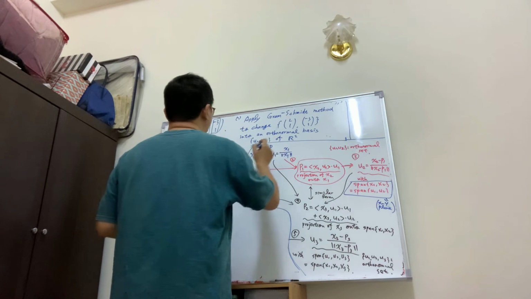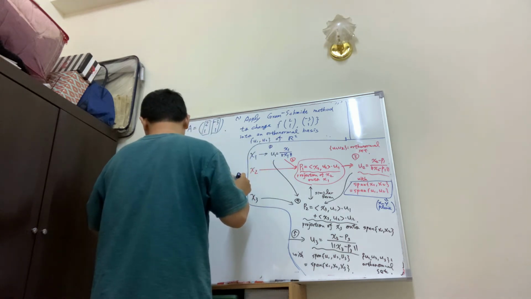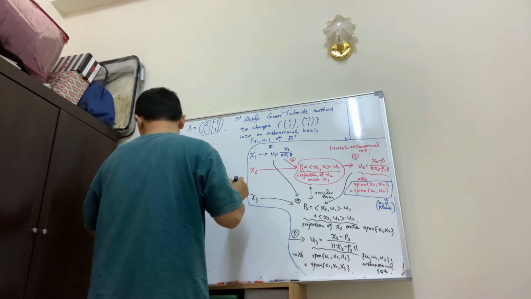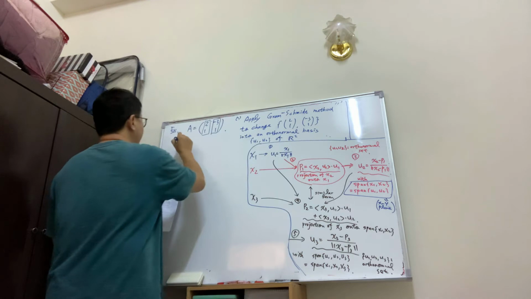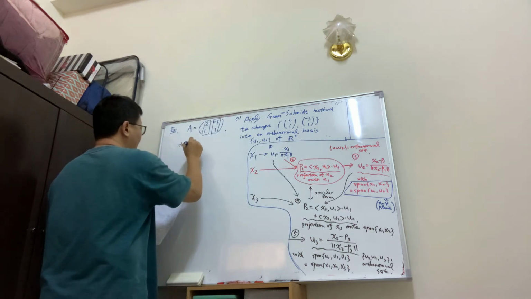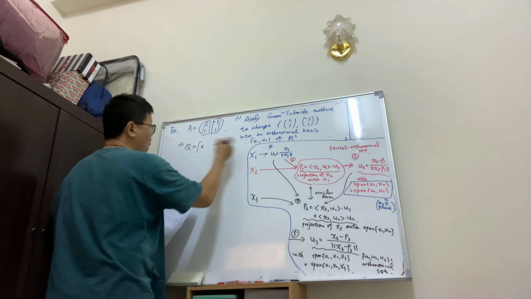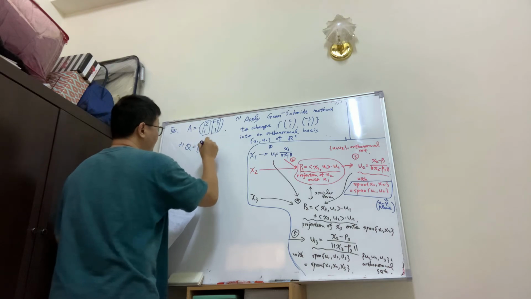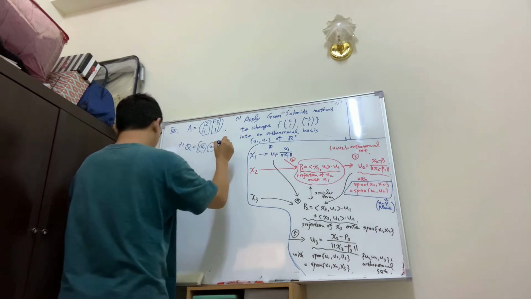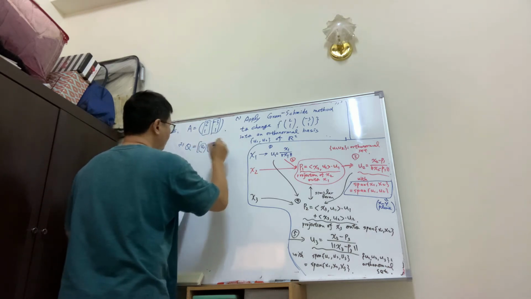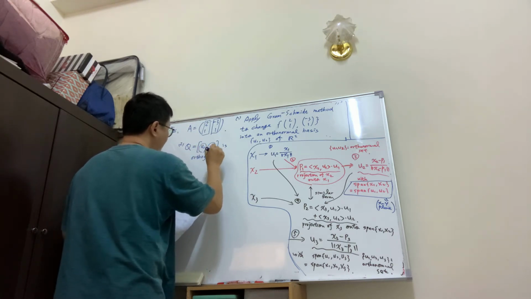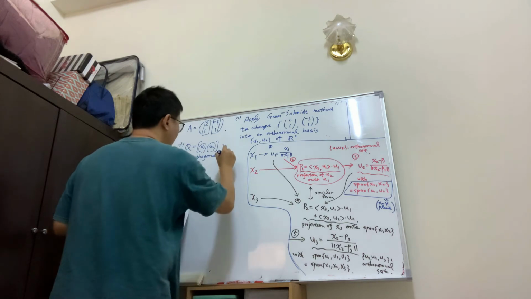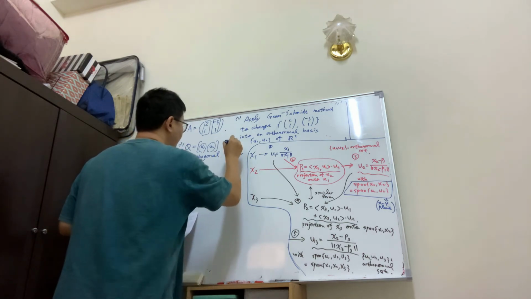And the second one is, if I denote the matrix Q by U1, U2, then we could show that Q is an orthogonal matrix.